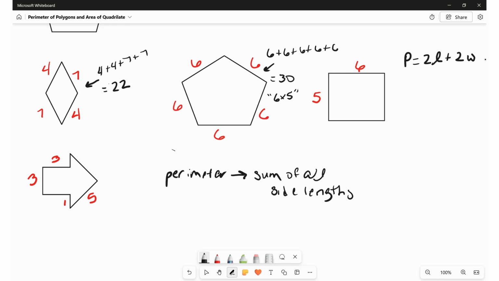You do not have to memorize that formula, because one of the big complaints that I always hear about the geometry section in this course is, oh my gosh, there are so many formulas we have to memorize. There's not.